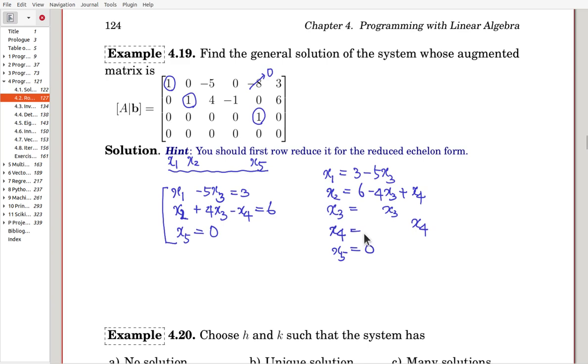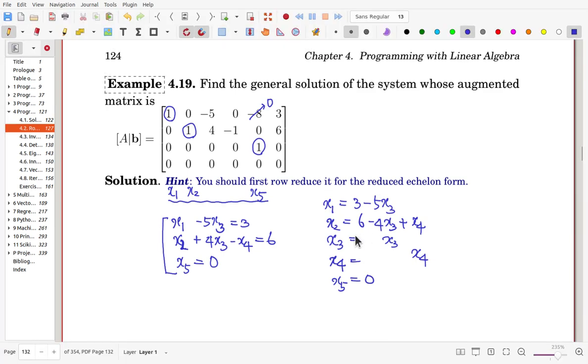To make it clear, we fill the empty positions with 0.